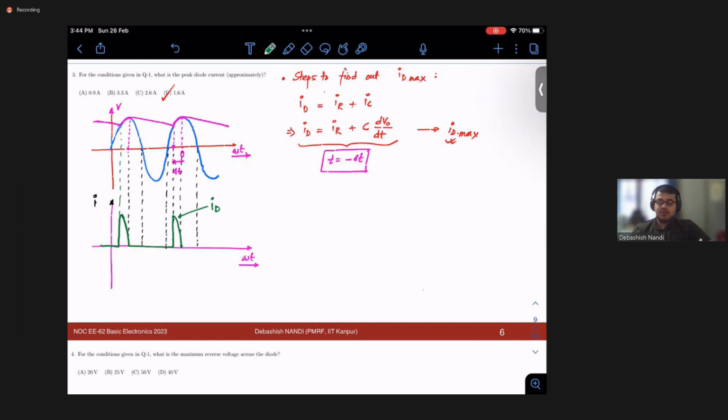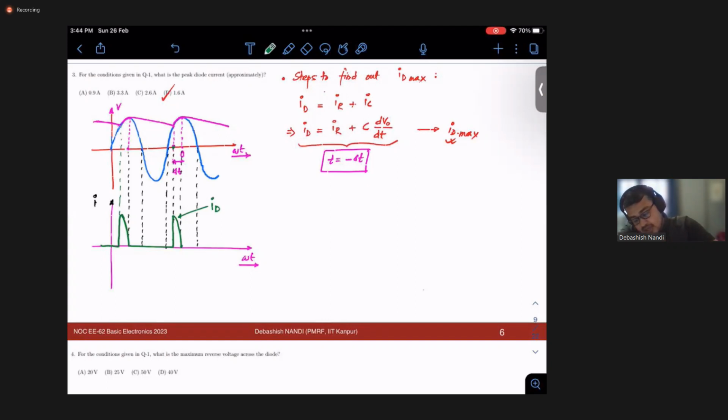Okay, so you can see at the instant when my diode starts conducting, my ID is maximum, and when it reaches the peak, at that point my diode is getting cut off, or moving on to reverse bias, and as I have considered it as an ideal diode, so diode current will be 0, right?